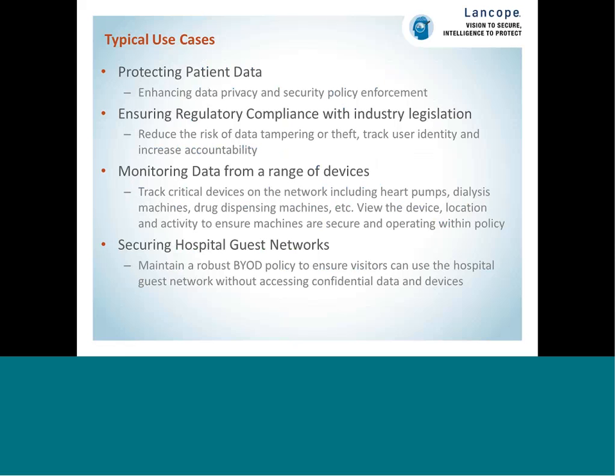We can ensure regulatory compliance with particular legislative laws and efforts by, again, watching for data tampering, theft, and seeing what devices touch what other devices in my environment. We can even establish rules saying, please alert me if anything touches, for example, a particular set of devices besides the ones that are allowed in the policy.